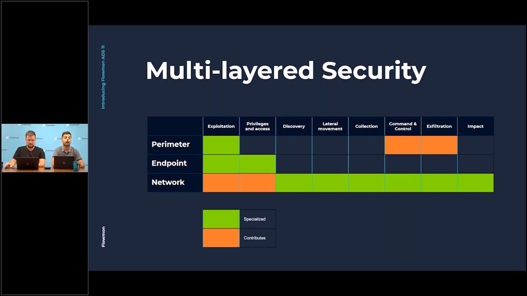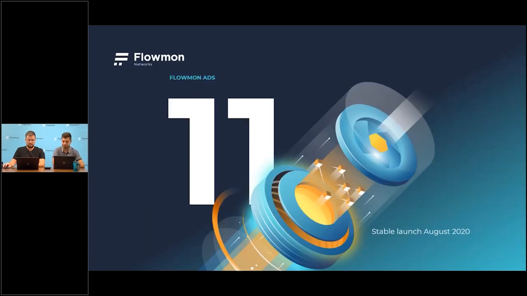As you can see, network, which is our area of expertise, actually looks at indicators of compromise across the whole life cycle and helps understand the current state of a breach and helps to respond to them. So it is a great way to complement your traditional security.